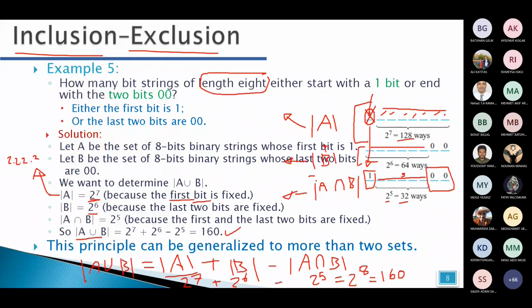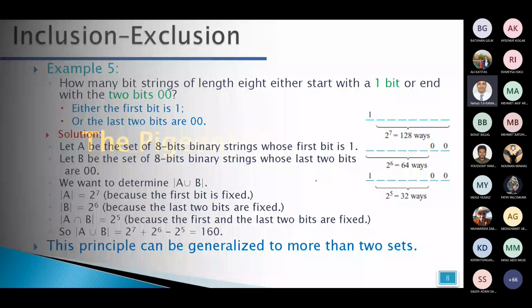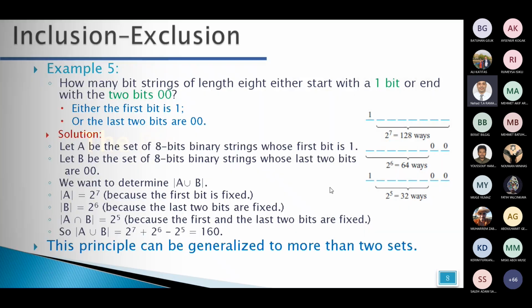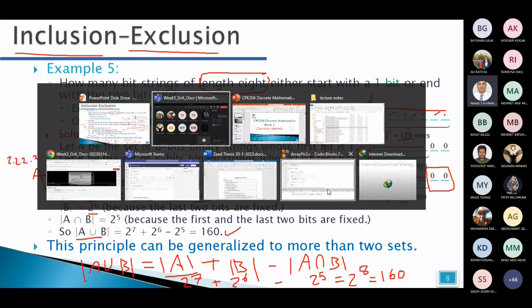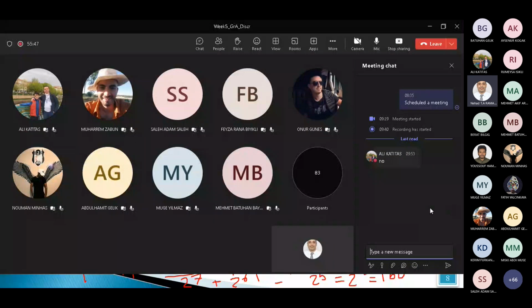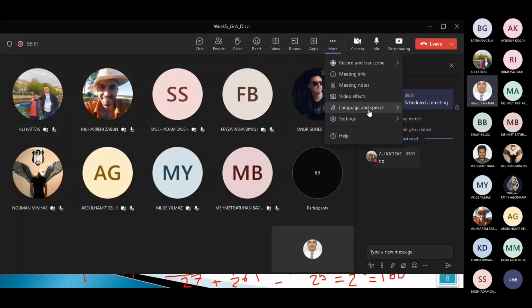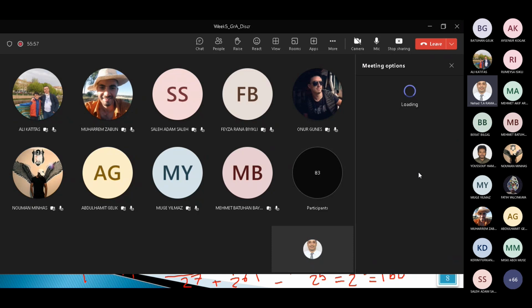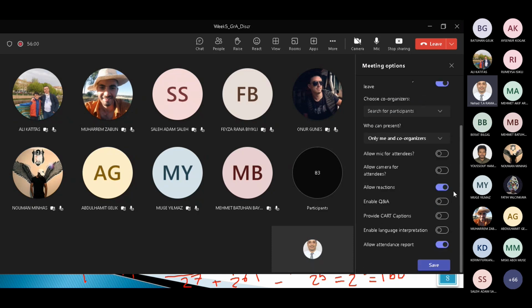Okay, we finished the basics. Now we will start with the Pigeonhole Principle. Before we start, if you have any question, you can write your question. I will open the mic for you if you have a question, but next time, if anyone opens their mic, I will not open the mics for you again, okay?